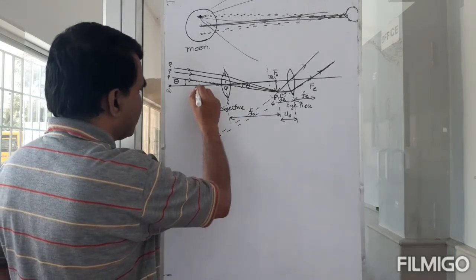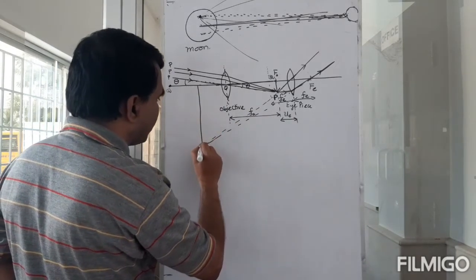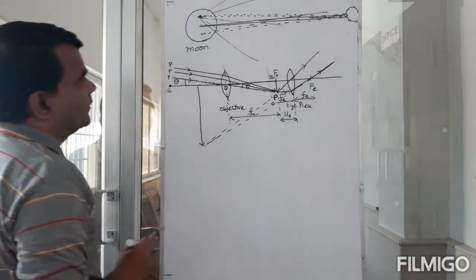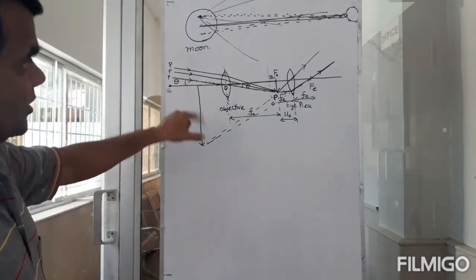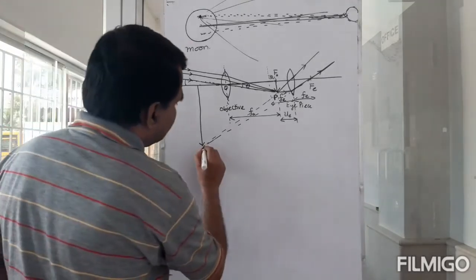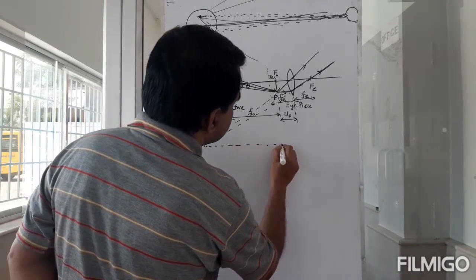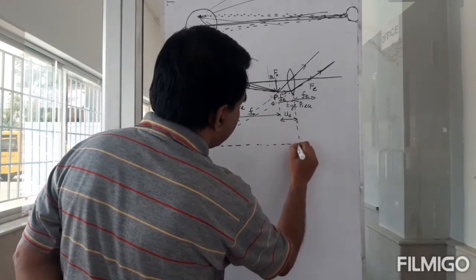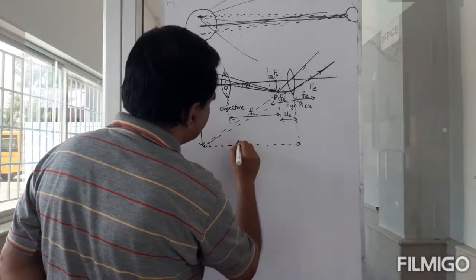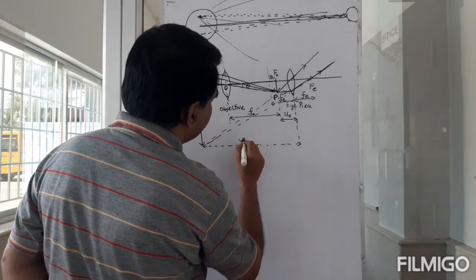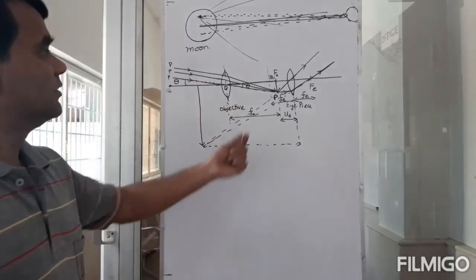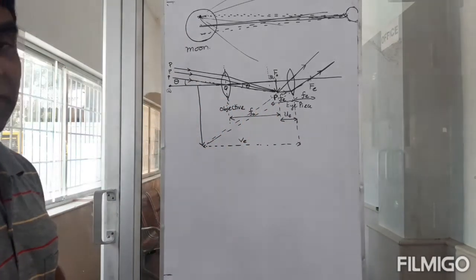And this will be the virtual image on the other side, and this would be your VE. So this is UE, this is VE.